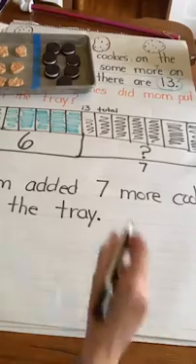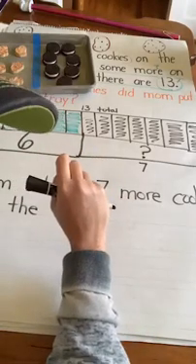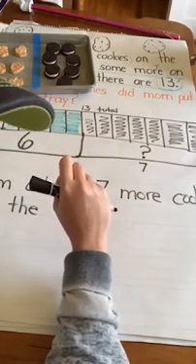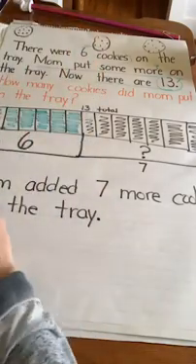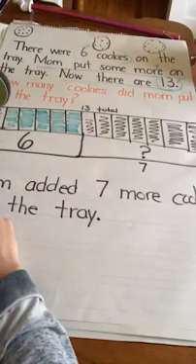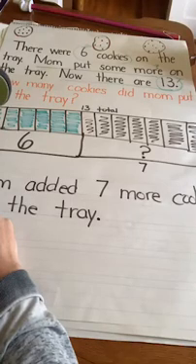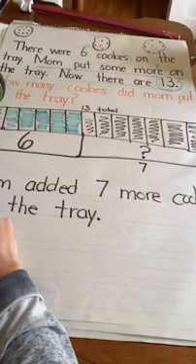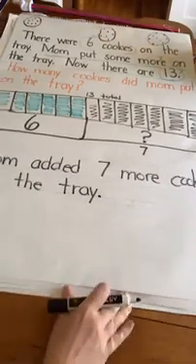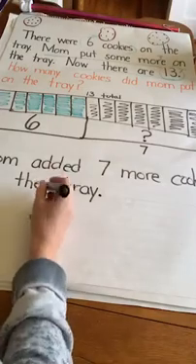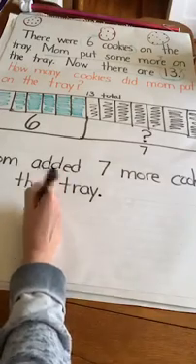So, what was one of my parts, one of my add-ins? Who remembers the first add-in that was in our equation up here at the top? Can anybody tell me what the first number was that we started out with, that I put on the tray? Did somebody say 6? You're so smart. So, I'm going to write 6.